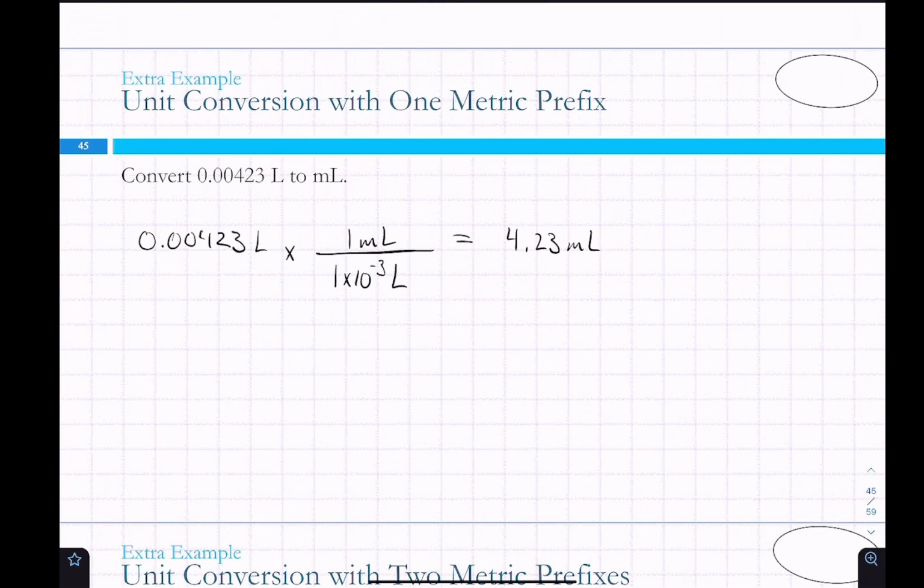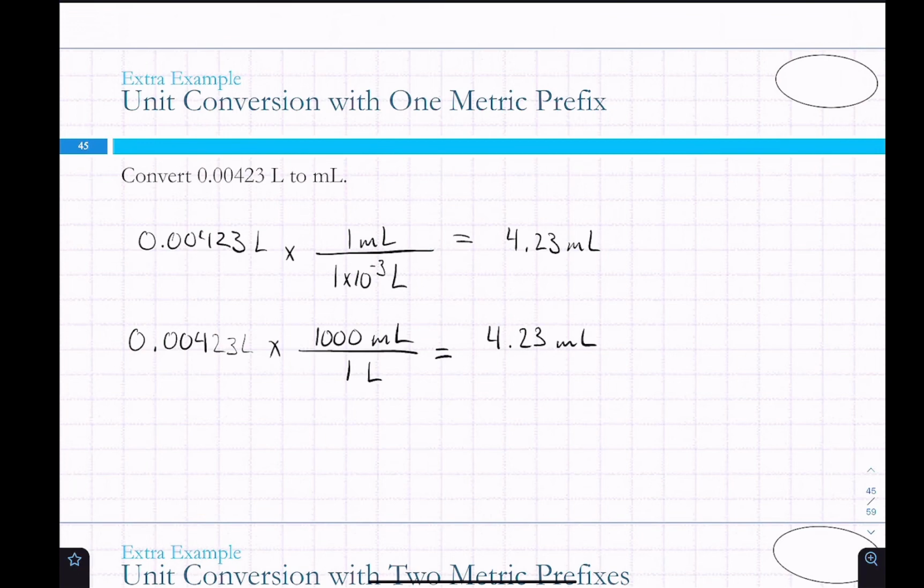I put 1,000 milliliters. Yeah, right. And this is where your level of familiarity with these units comes into play. Because you could write this as 1,000 milliliters over 1 liter, and you're still going to get the same answer. You can also move the decimal point.